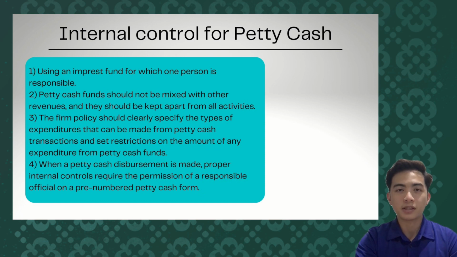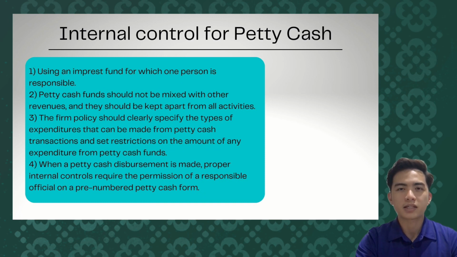The person who approves petty cash should not be the petty cash custodian, to avoid overlapping duties. Second, do not mingle the petty cash fund with other receipts; the fund should be kept separate from all activities such as sales cash, personal funds, and other collected revenue.